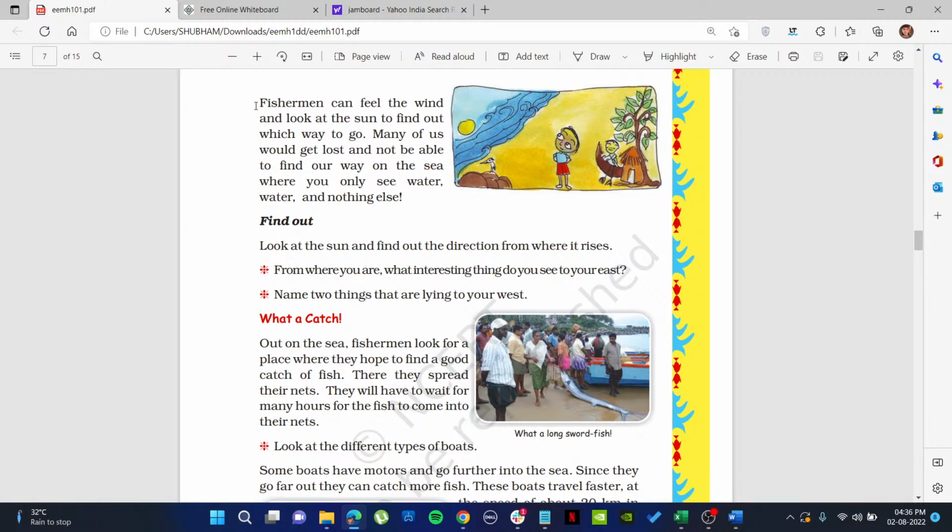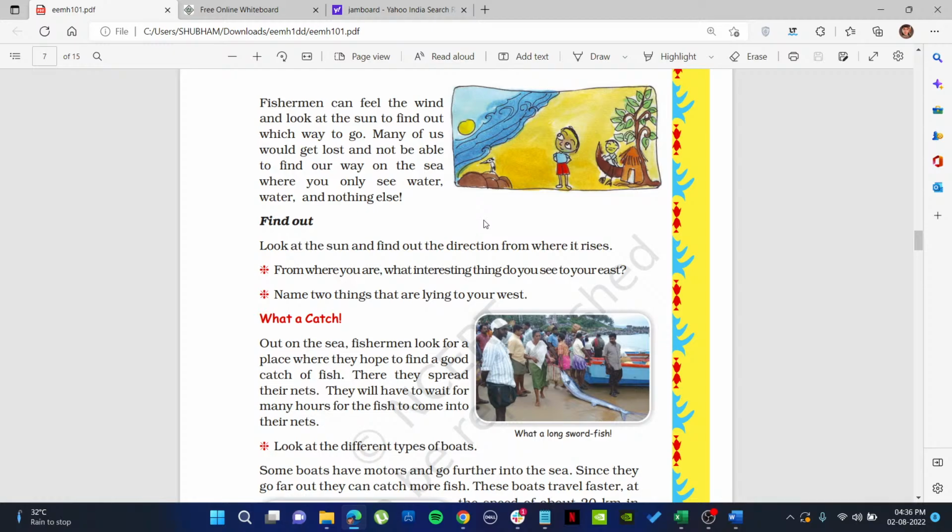Fisherman can feel the wind and looks at the sun to find out which way to go. Fishermen usually have the ability to feel the wind, and they can figure out how the weather is going to be.